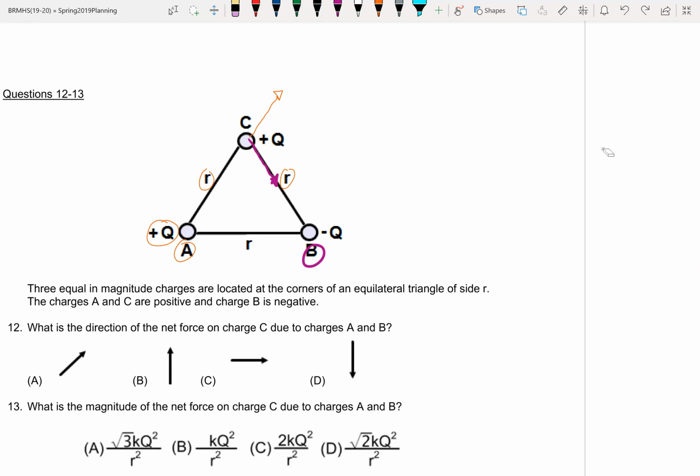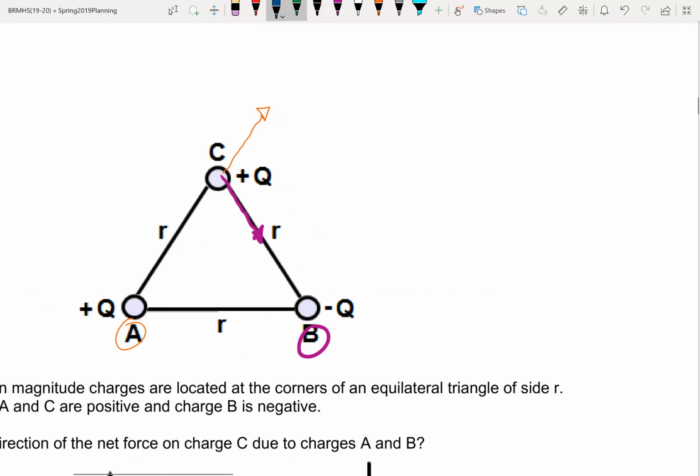Okay, so if I want to see what the total net force is acting on that particle C, I know it's going to have components here. A vertical component for each of these, going up in one case and down in the other, and those are equal, and they're going to cancel out.